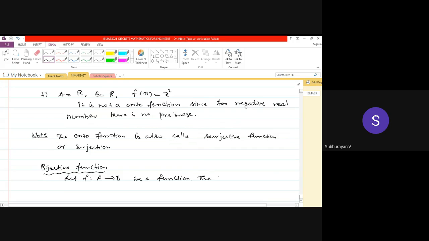The function f is said to be bijective if f is both one-to-one and onto.